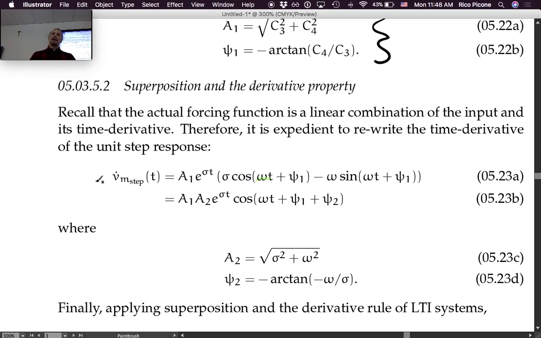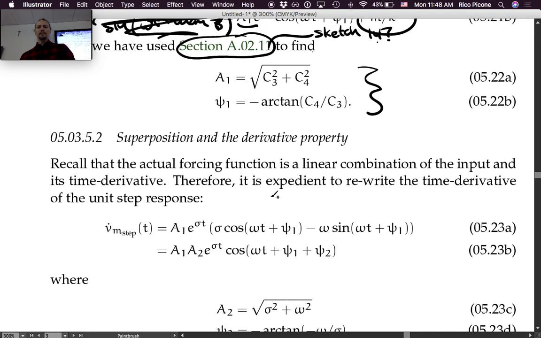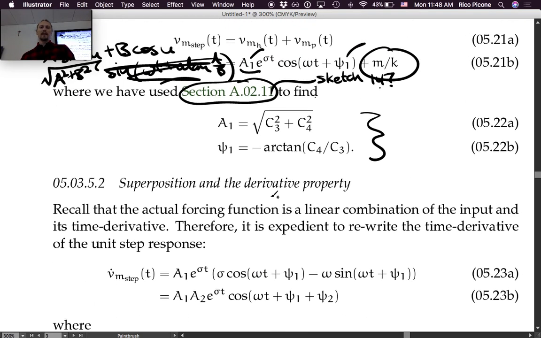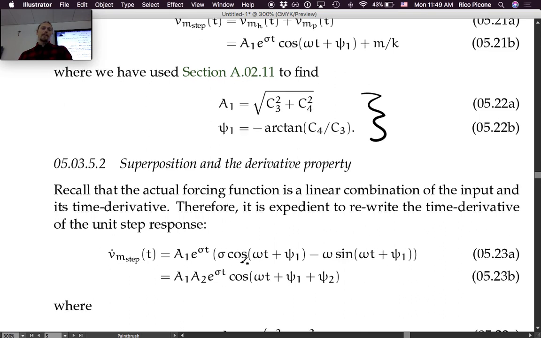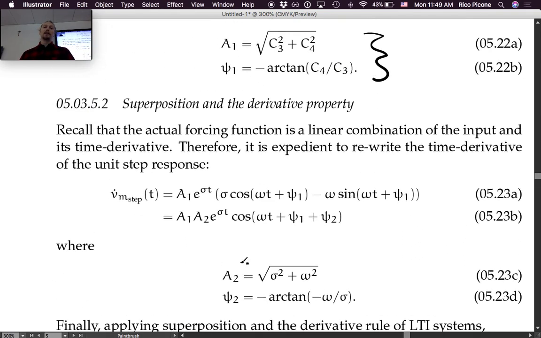It's expedient to rewrite the time derivative of the unit step response. We're going to do it using the final form that we had here, which has gotten kind of assaulted by all of this notation around it, so I'll delete all that. This is the VM step that we're taking the time derivative of, and it's equal to this. After I take the time derivative, it splits into two trig functions again, which sucks.